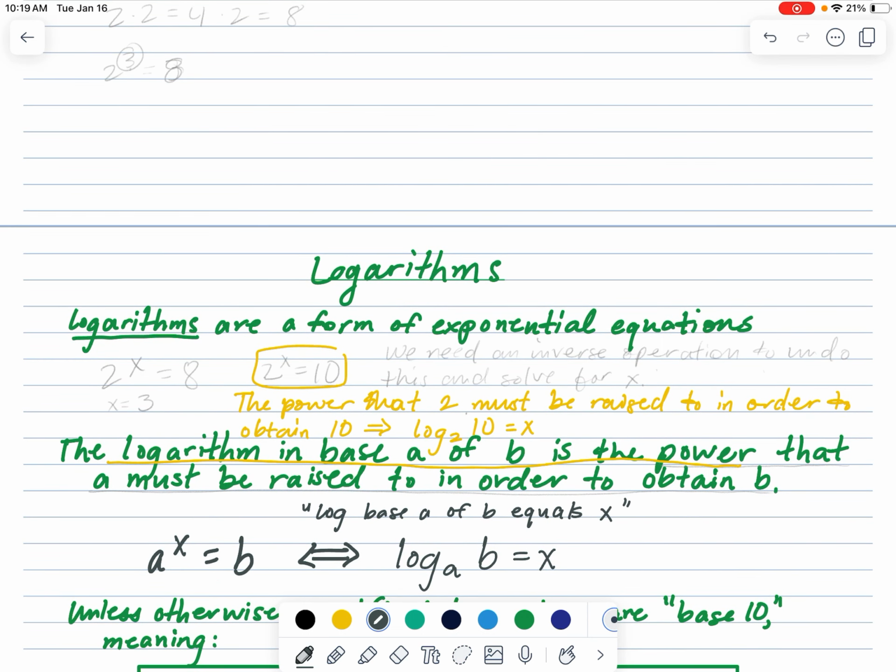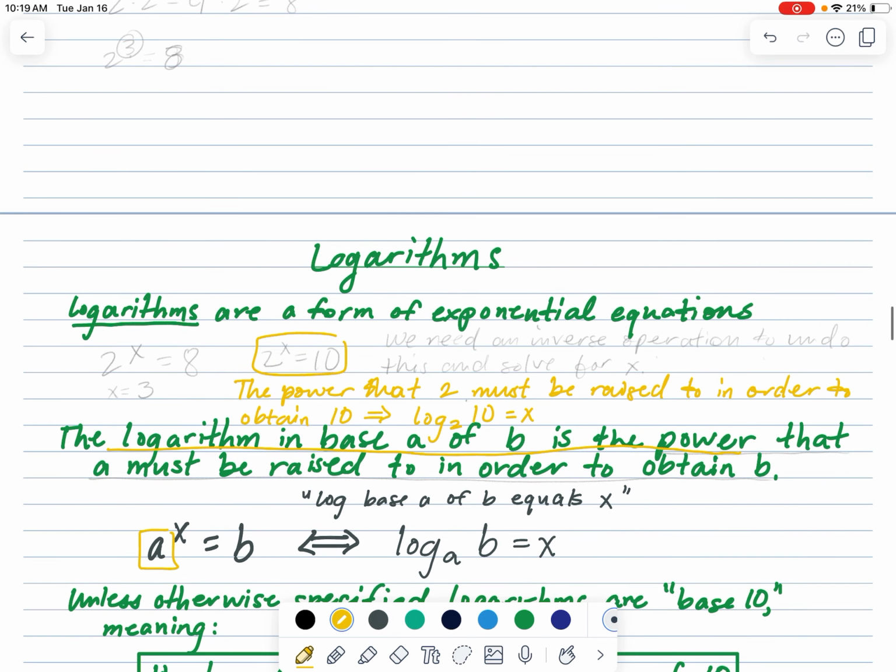I want you to notice, and you should write this translation down. This is just two forms of the same thing, and pay attention, maybe draw some arrows connecting what goes where. The base of the exponent becomes the base of the log. The answer to the exponent becomes the argument.